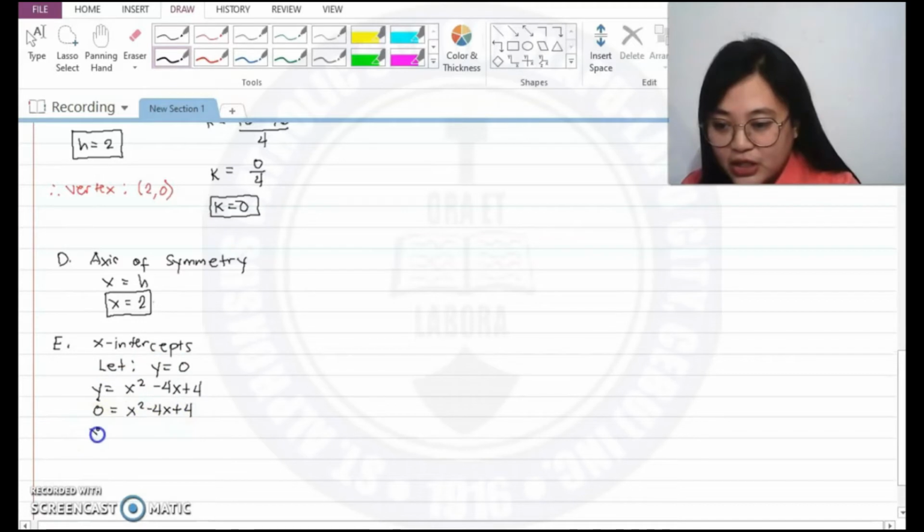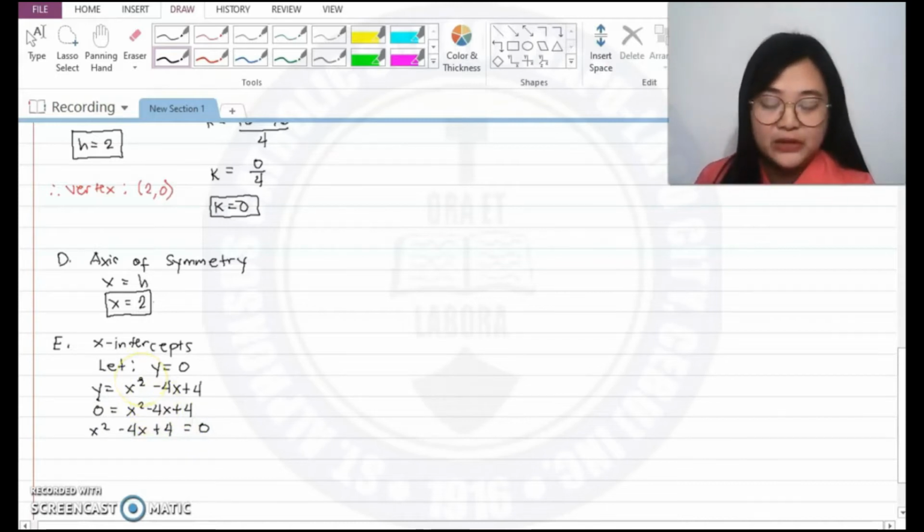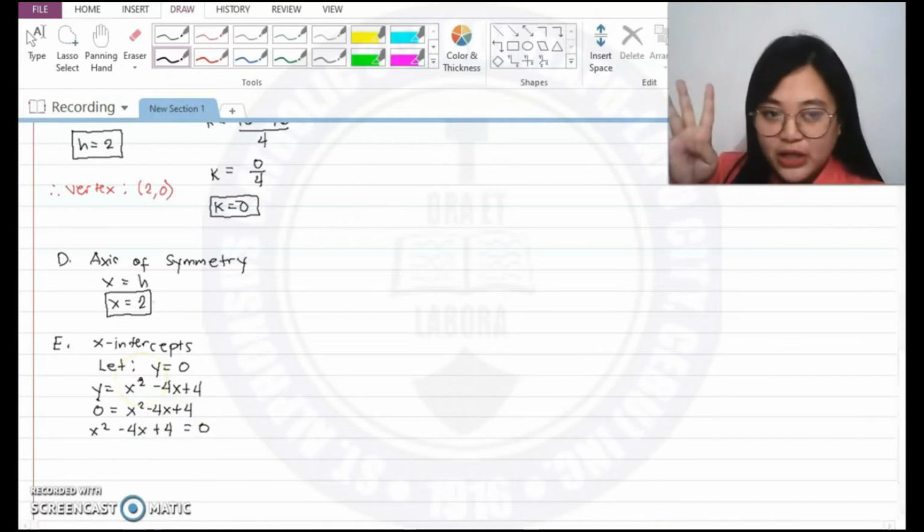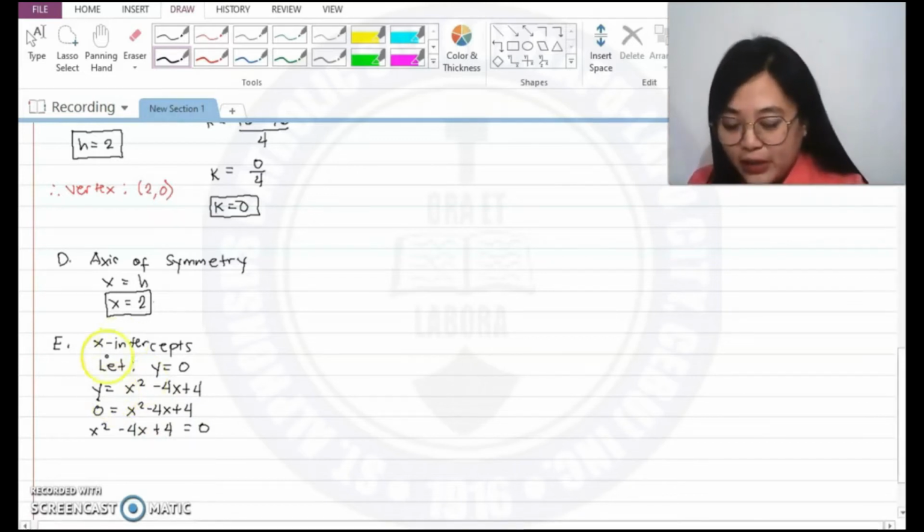Then interchange: x squared minus 4x plus 4 equals 0. You can choose any of the methods, either completing the square, factoring, quadratic formula, or extracting square root. For this, I will choose factoring.